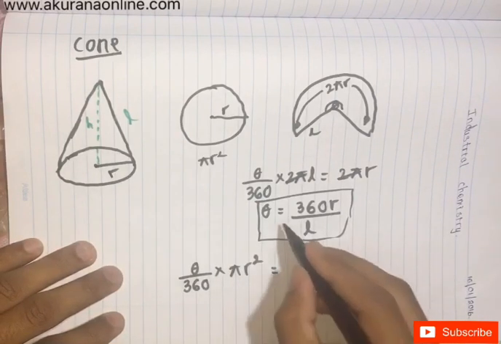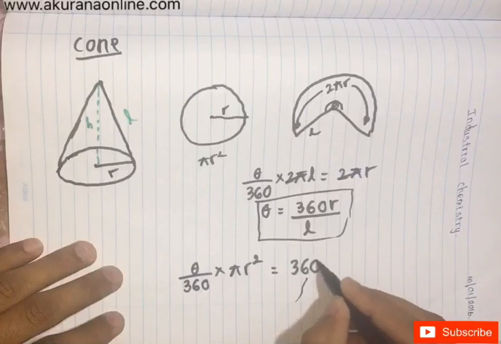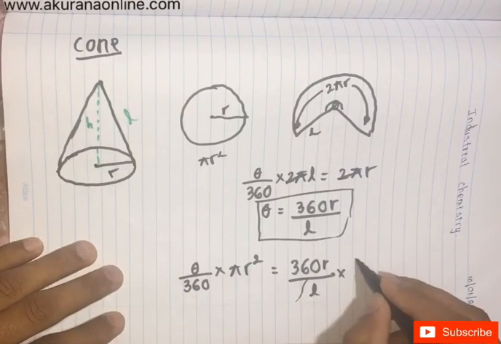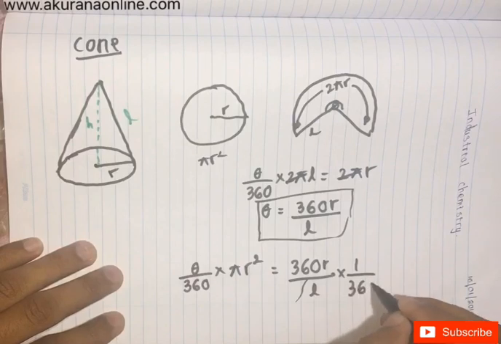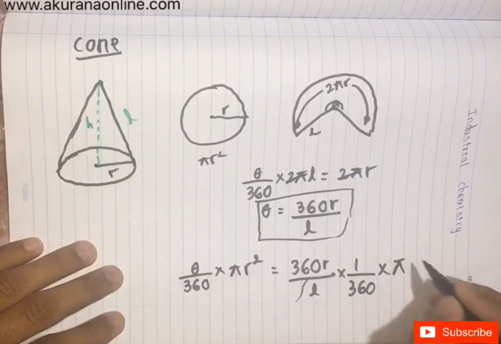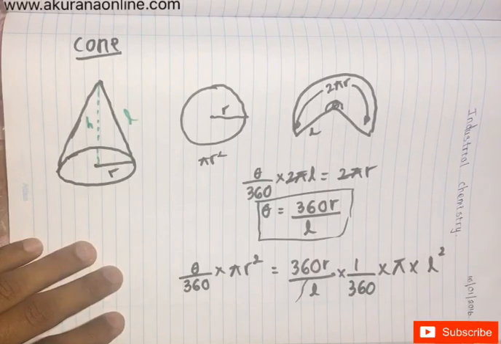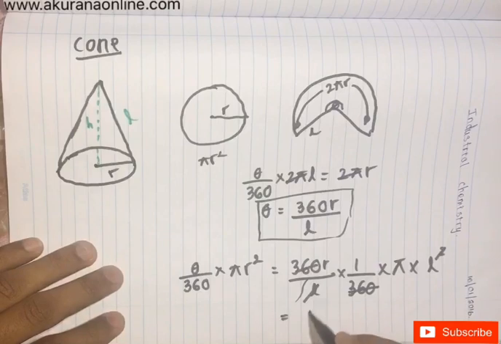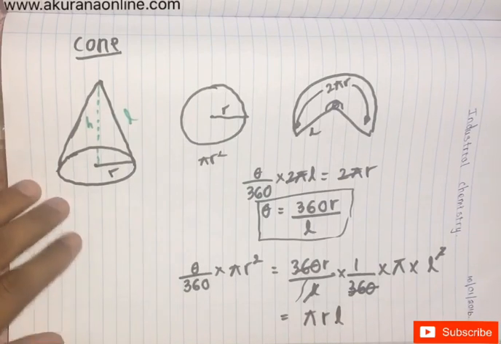Now instead of theta you have 360 r over L, and also there is a 360 down. I'll write it like this, and pi times the radius squared. The radius is L, therefore you have L squared. Now cut off this 360, and 1 L here, 1 L here. So finally you have pi r L.